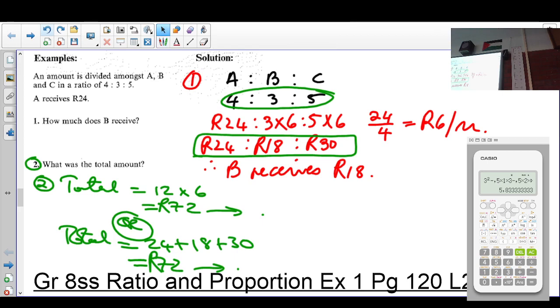Okay, people, you guys understand? Is there any confusion? For homework, I would like you guys to do from that exercise number 1, number 2, number 3, number 4, and 5.